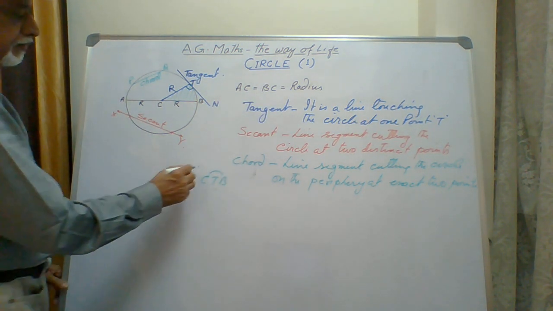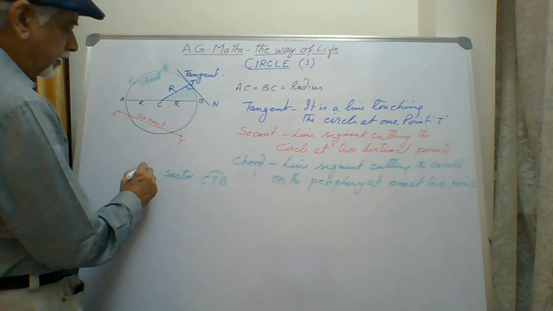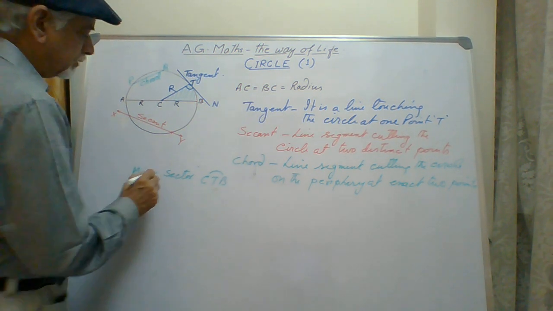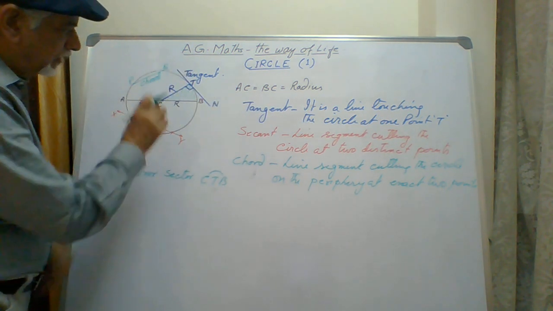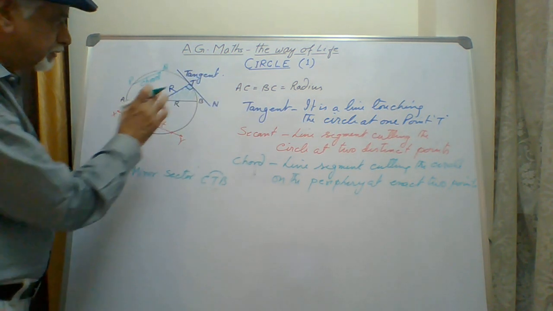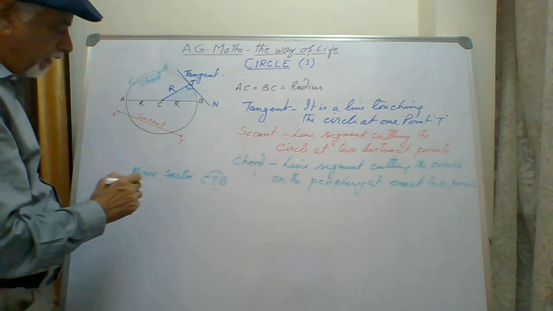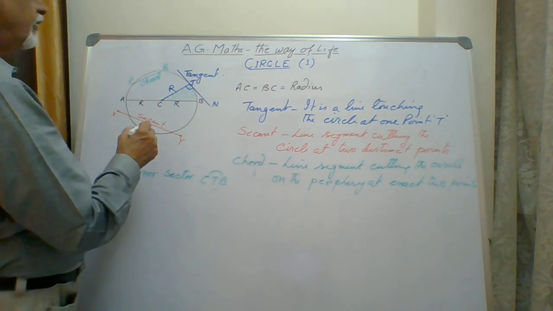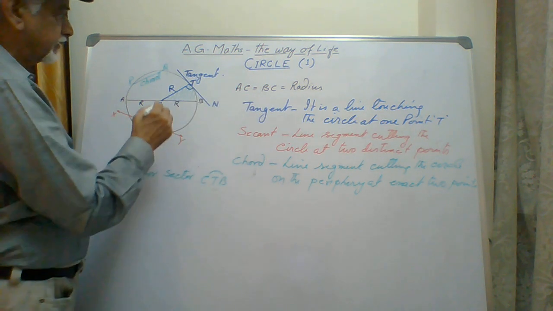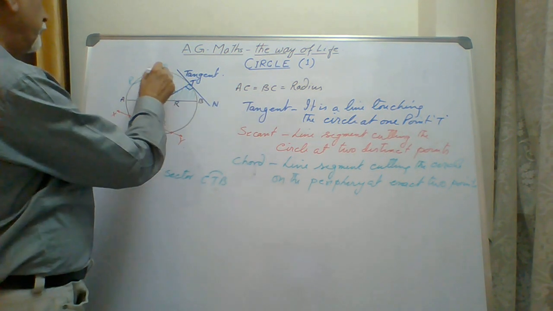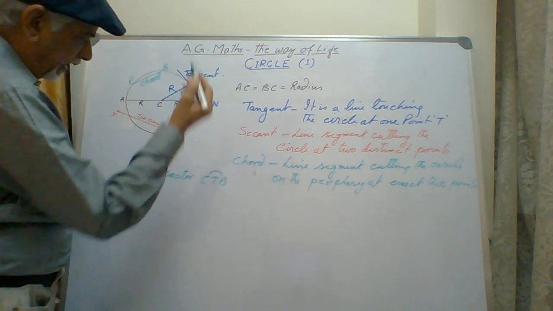So it is a minor sector because it is a smaller part of the circle. If a pizza is cut into this piece, a small piece comes out, which is smaller than the remaining part of the circle. So it is a minor sector. Then we have a major sector. Major sector is called TQPA, like that.